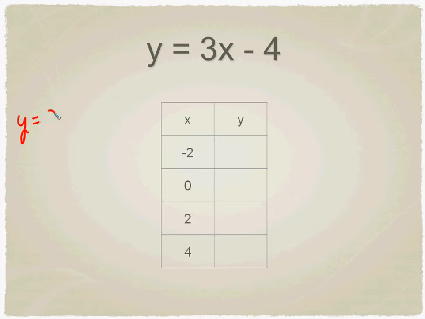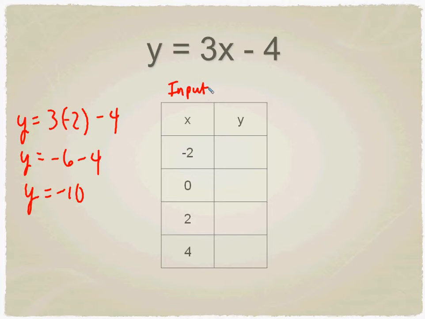So when I replace x with -2, I'm left with y equals -6 minus 4 and y equals -10, suggesting that when I input the value -2 for x, my output is -10. And I can do the same thing for 0, and you would notice that my output would be a -4.